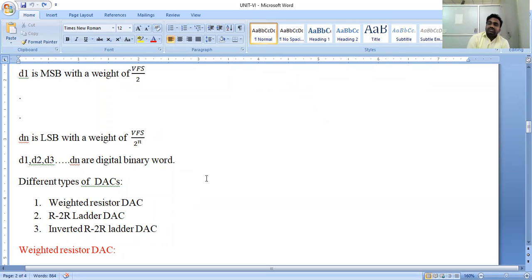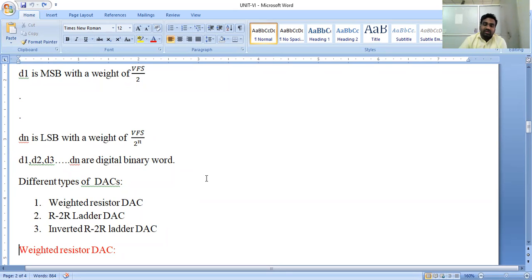In these three configurations we can clearly analyze the basic concept we discussed in the DAC: the input is a binary code, the reference is a voltage, and the output is the analog pulse observed in the form of a voltage output.